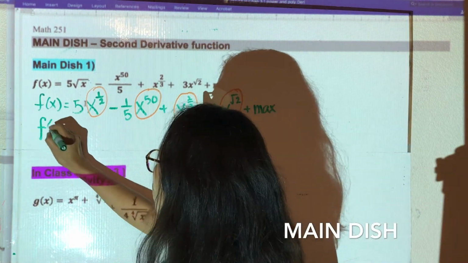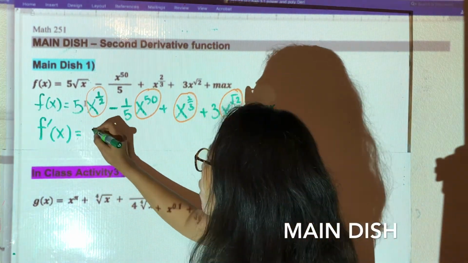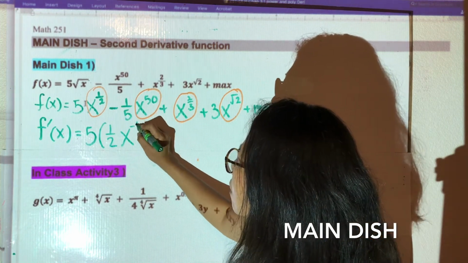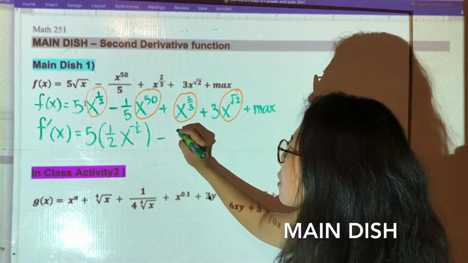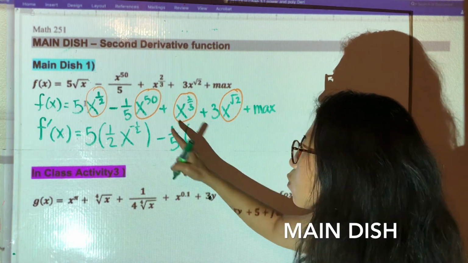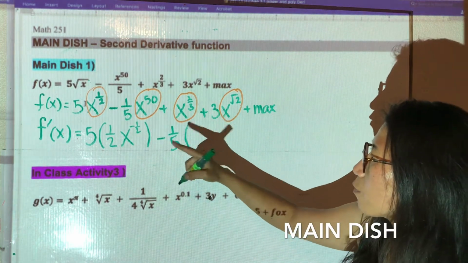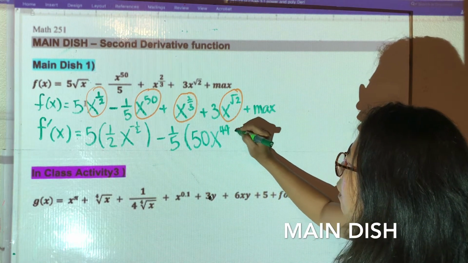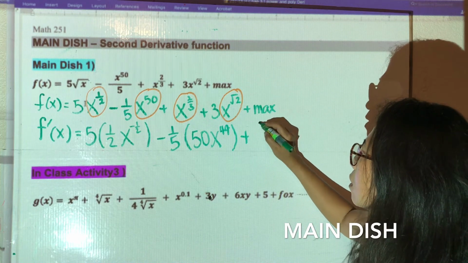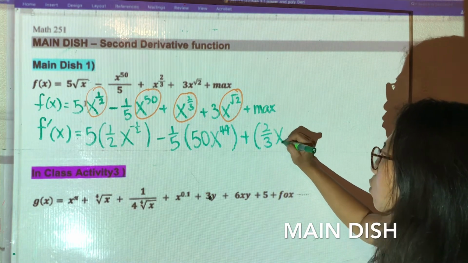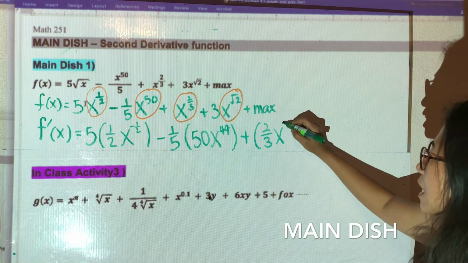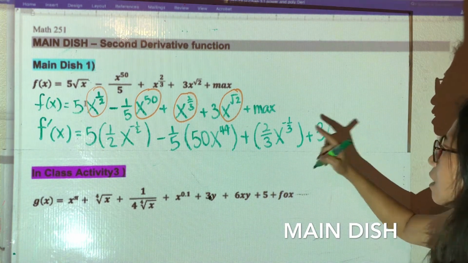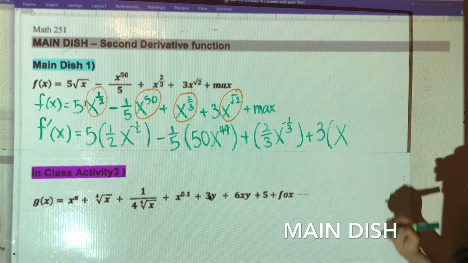So derivative, do it carefully with me. 5 times 1 over 2 x to the negative 1 over 2, minus 1 over 5 times, leaving factors out, 50x to the 49th power, plus 2 over 3 x to the minus 1, that will be negative 1/3, plus 3 to the x, and then what should I do?